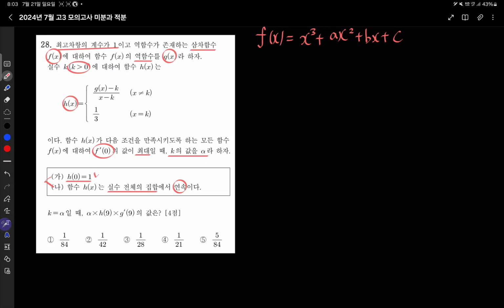And for the first condition, because k is not 0, h of 0 is g of 0 minus k over 0 minus k.